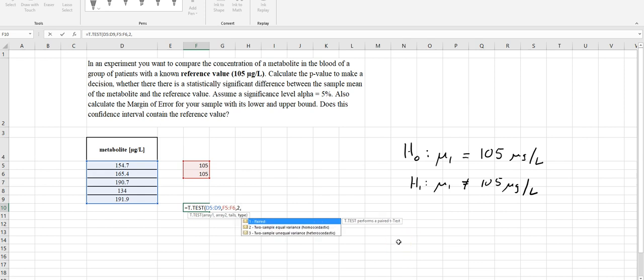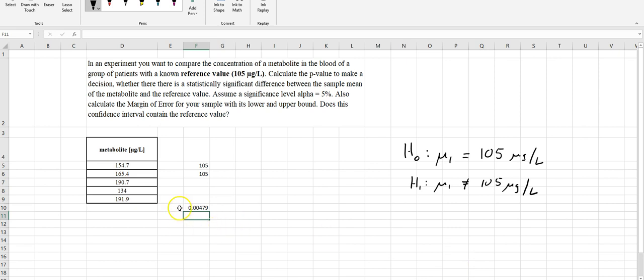And now, last one, it is asking us about the type of test that we want to do. Our data are certainly not paired. We can also say with a certain certainty that the two sample variances won't be the same. So we definitely go here for the two-sample unequal variances. So that is type 3.